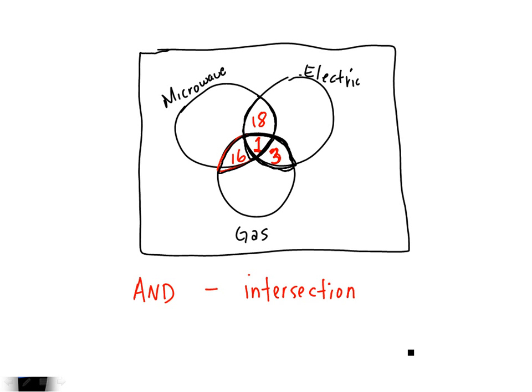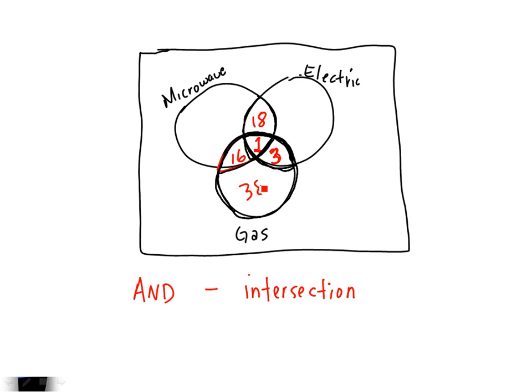Moving up, 58 use gas ranges. So this entire circle here represents gas ranges, and all of the numbers in here should total 58. Right now we have 16, 17, 20. So 58 minus 20 is 38.